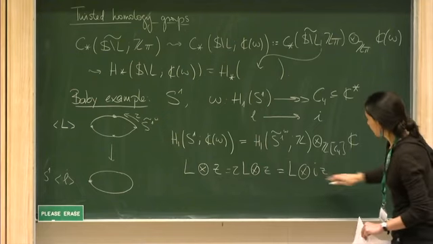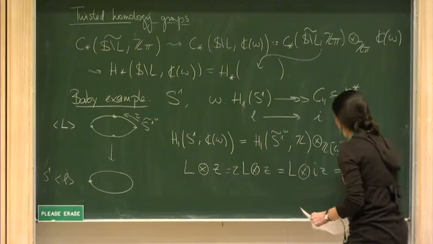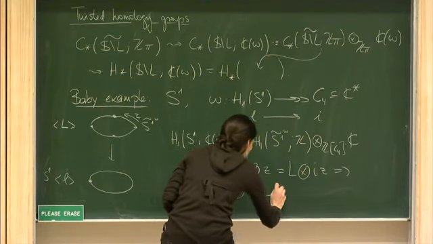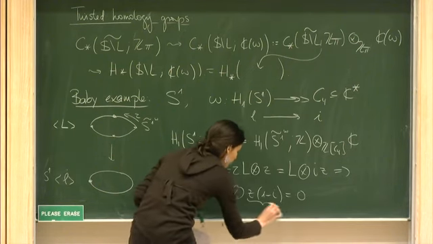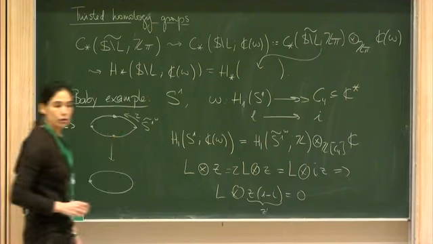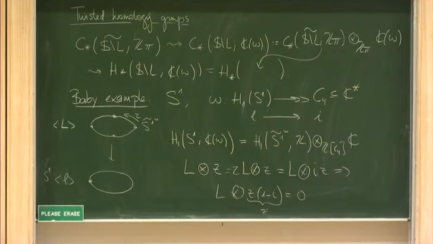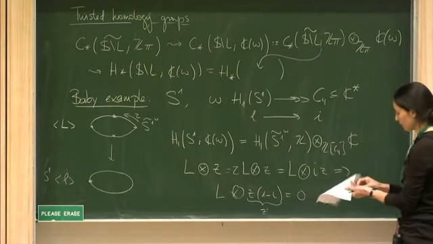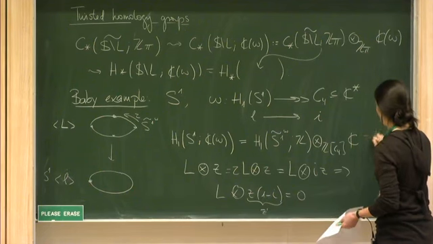So from here you deduce that L tensor z(1 minus i) is 0. But no matter which non-zero complex number it is, you can write it like that. So you have just shown that this more or less scary group that you had at the beginning is a trivial group.